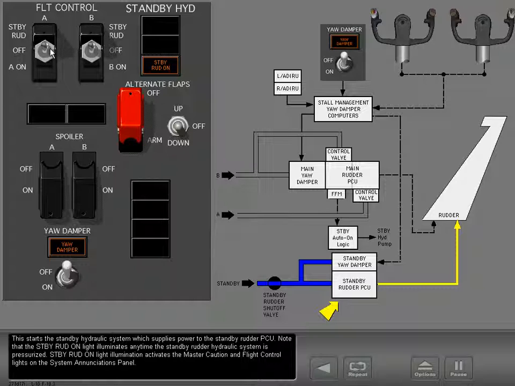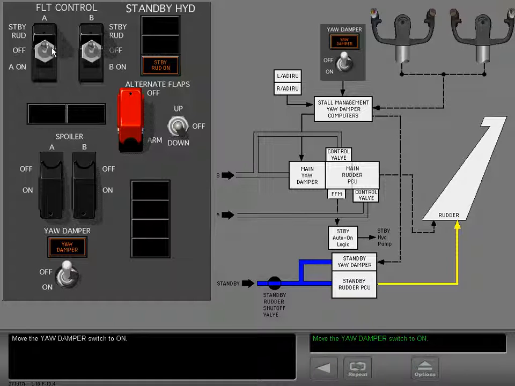This starts the standby hydraulic system, which supplies power to the standby rudder PCU. Note that the standby rudder on light illuminates anytime the standby rudder hydraulic system is pressurized. Standby rudder on light illumination activates the master caution and flight control lights on the system annunciations panel.